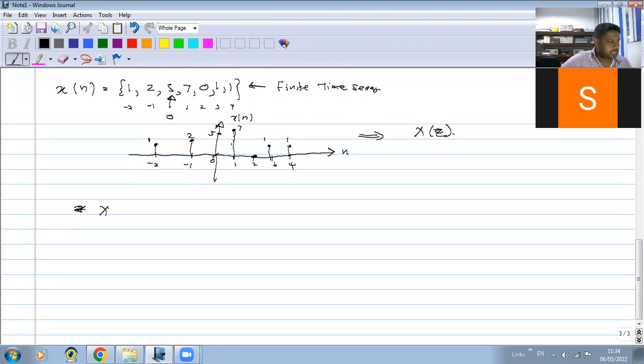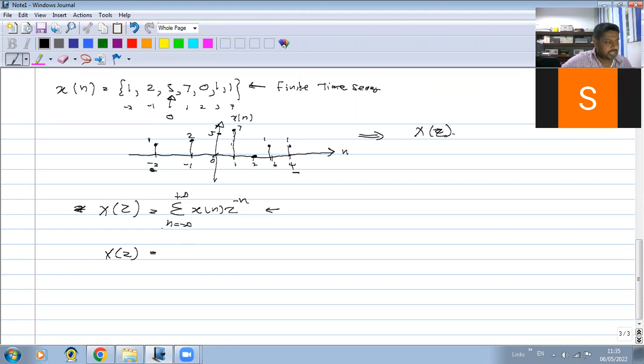X(z) is equal to the sum from n equals minus infinity to plus infinity of x[n] z^(-n). So this is our general formula. In this case, the n range is -2 to 4.